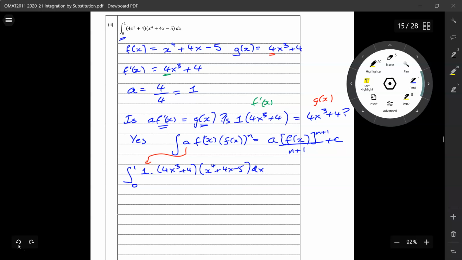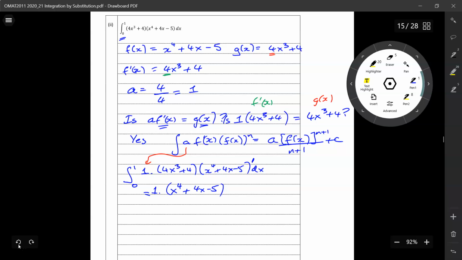Following our rule, that is equal to a times, so 1 times, x to the 4 plus 4x minus 5.